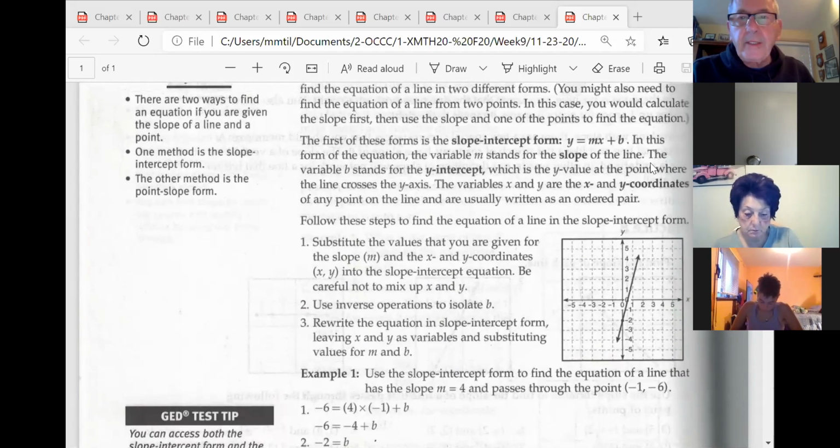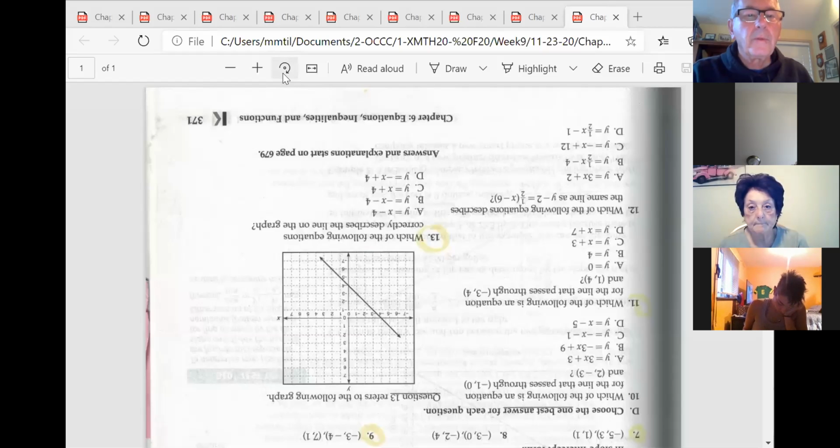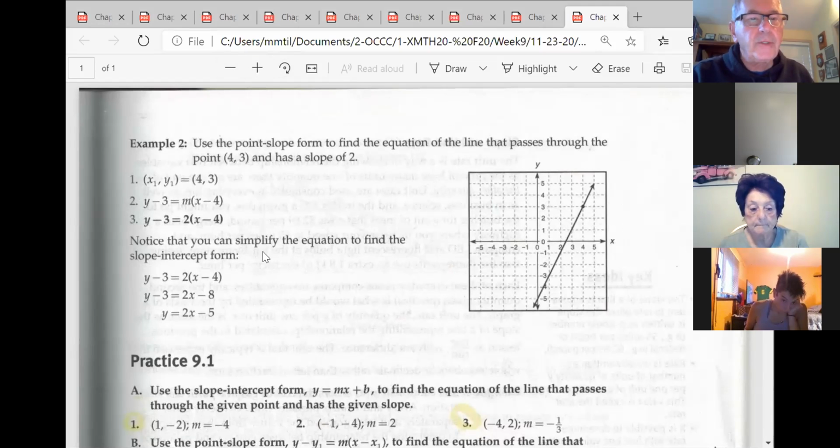The example's on the next page, so let me share that. Can you see the example at the top of the page here? This was to use the point-slope form.